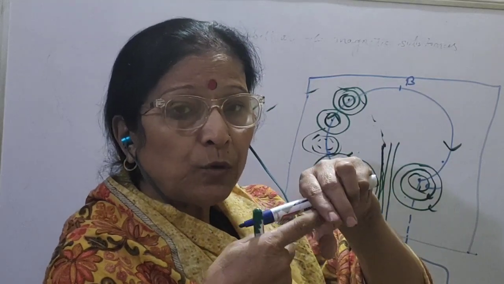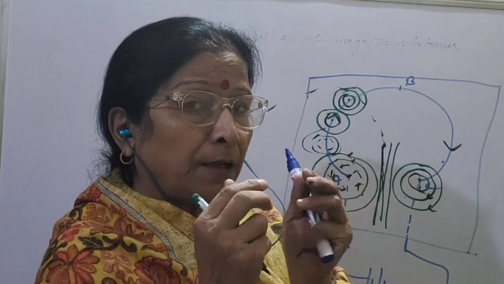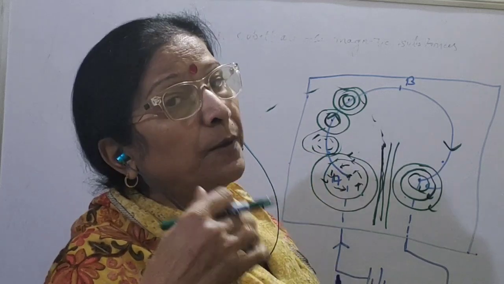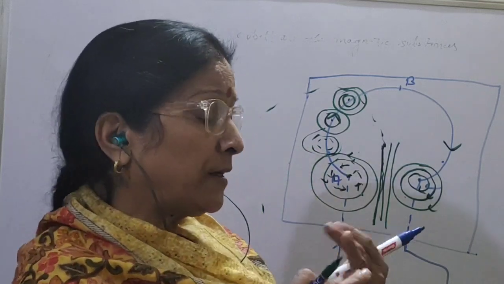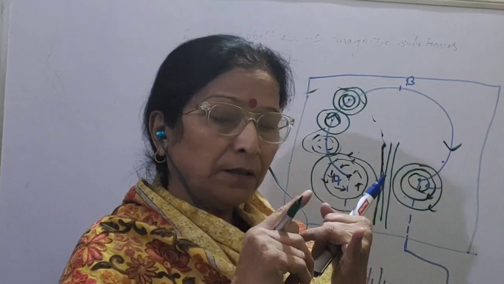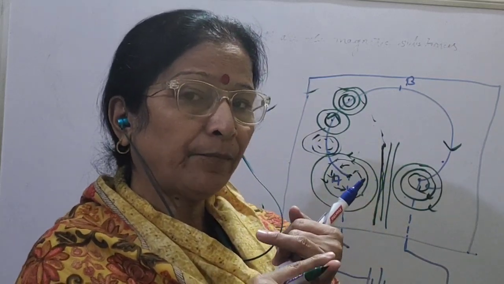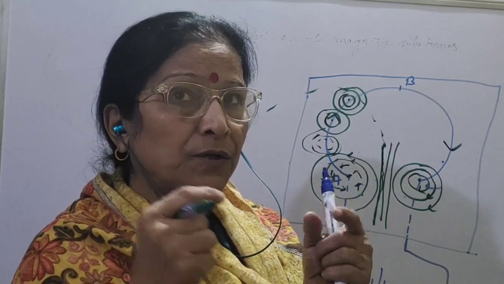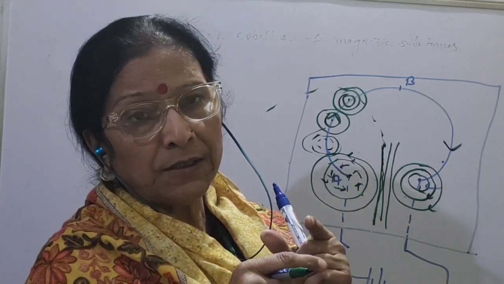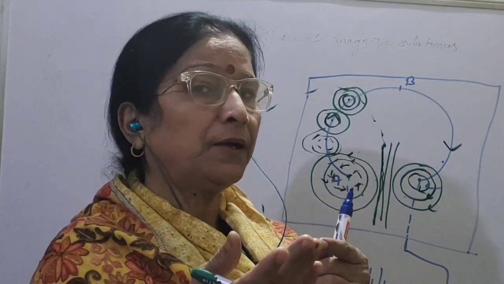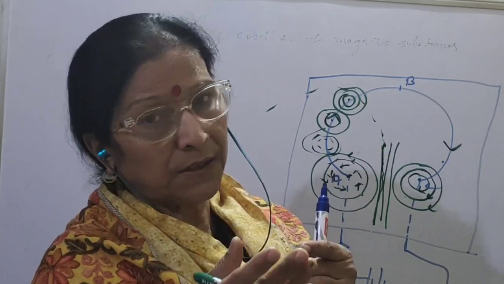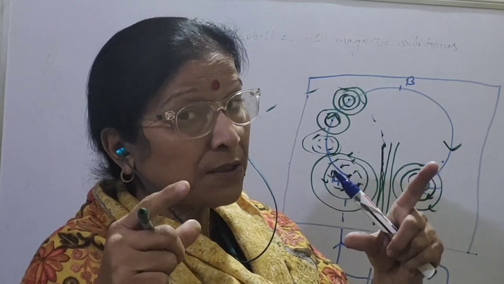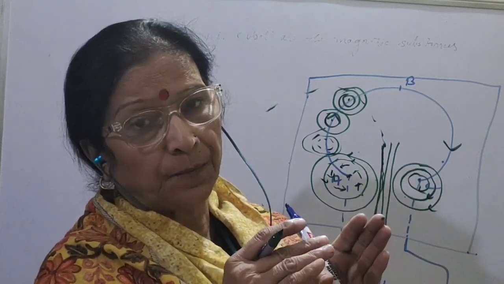If the radius of the loop is small, then the field lines will get concentrated in a small area, so it will become stronger. So finally what we can say: as the strength of current increases, the strength of the magnetic field increases; as the radius of the loop decreases, the strength of the magnetic field increases; and as the radius increases, the strength decreases.